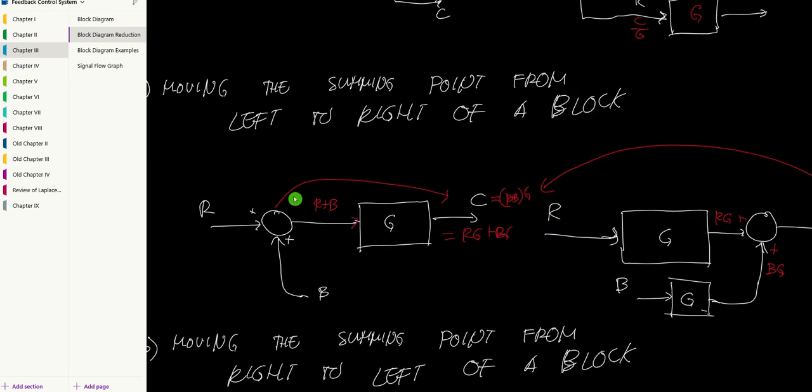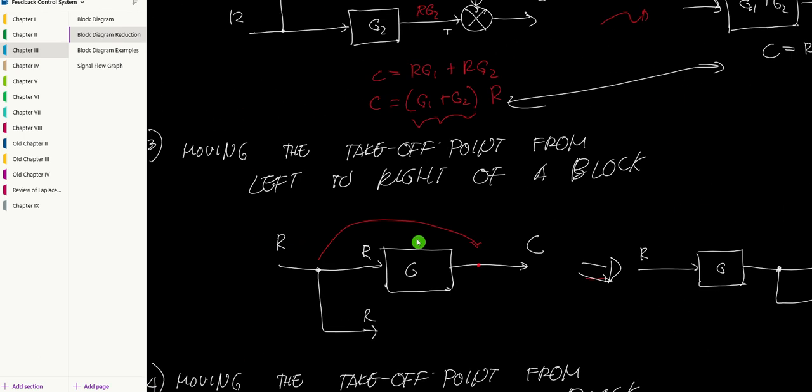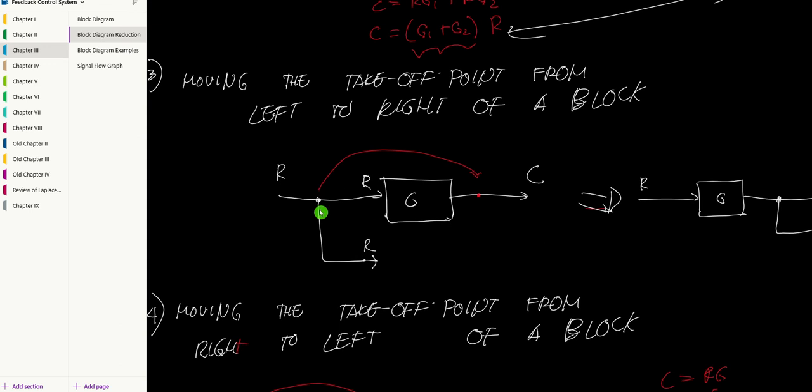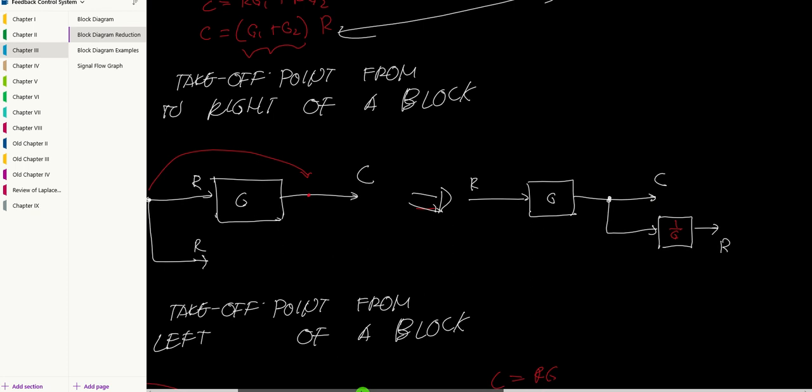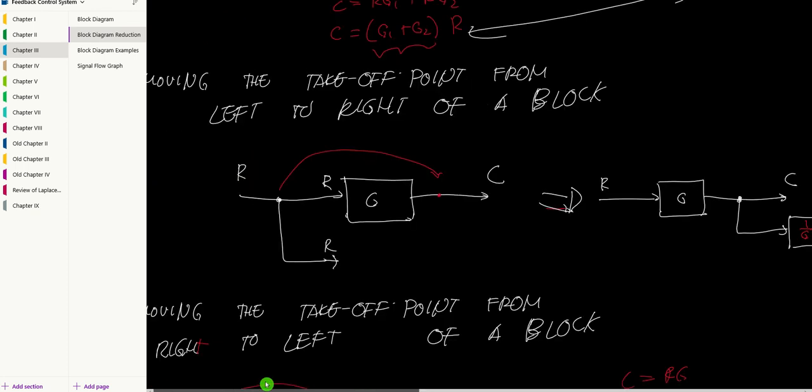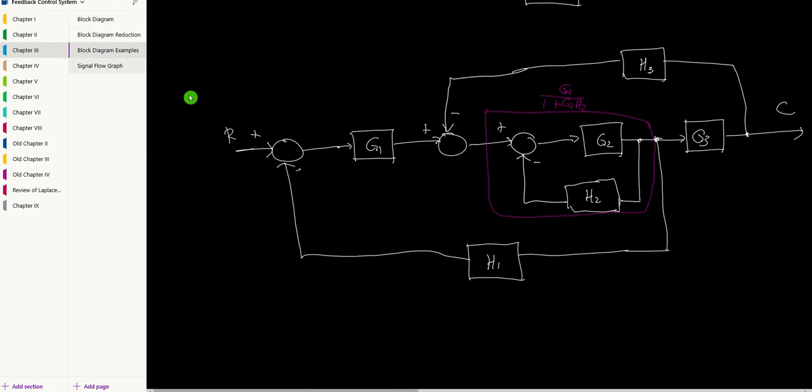Remember, from left to right. If we move the takeoff point from left to right, what we do is we put 1 over G in the branch that we are moving from left to right of the block.